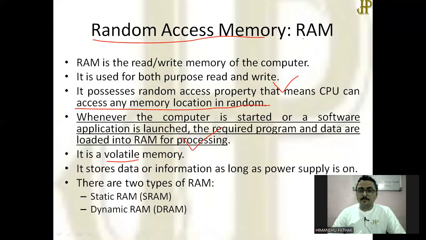So the basic purpose of RAM is, whatever you want to execute, either if you want to display an image, if you want to listen to music, or if you want to play a video, or you want to write a document, first of all, that data should be loaded into a memory, and that memory is RAM.